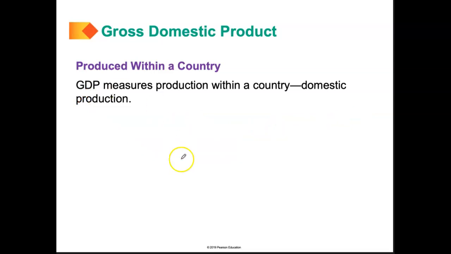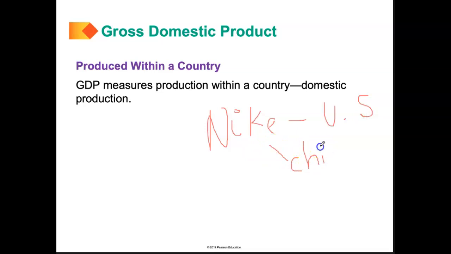Okay, let's take a look at Nike. Nike is an American company. But if Nike shoes are made in China, then those shoes are included in China's GDP, not the United States GDP. So the good has to be produced within a country.